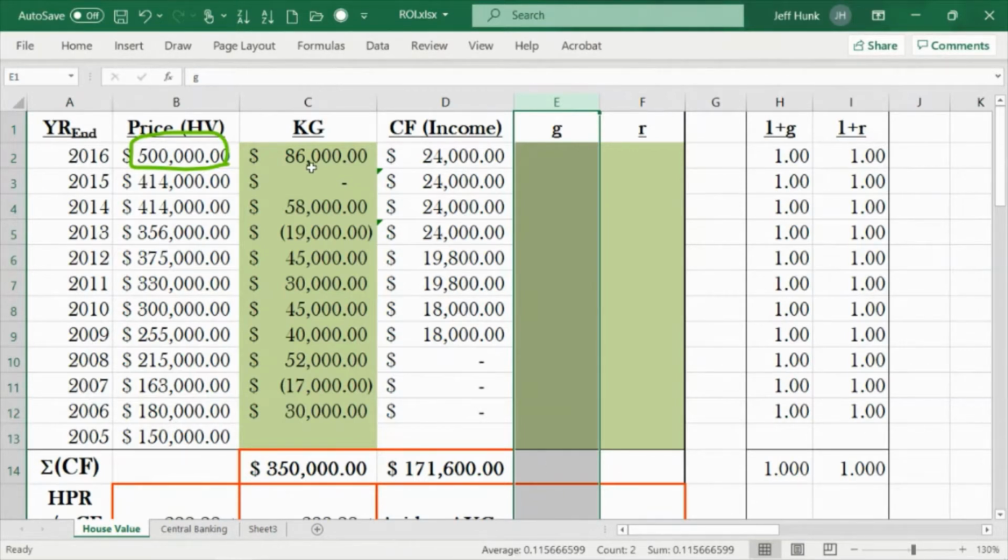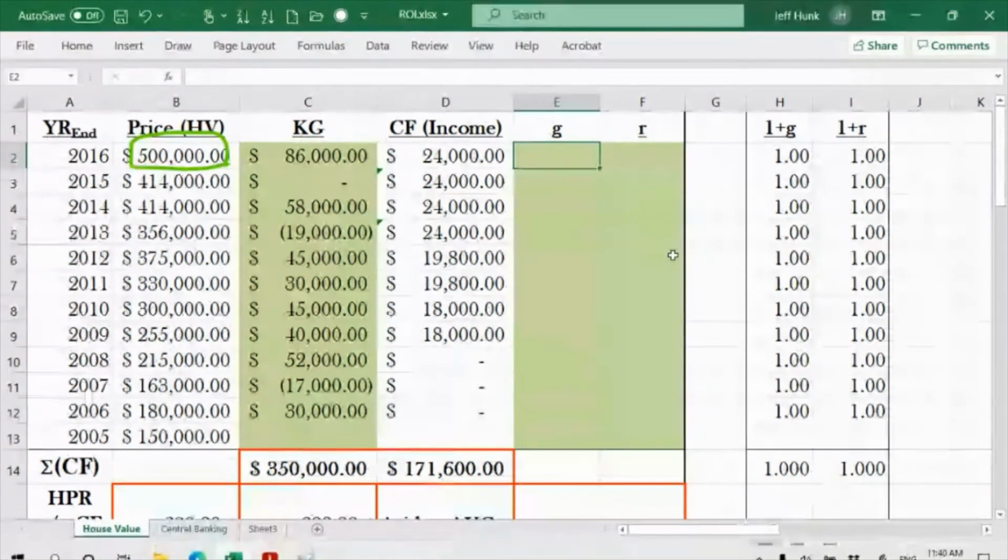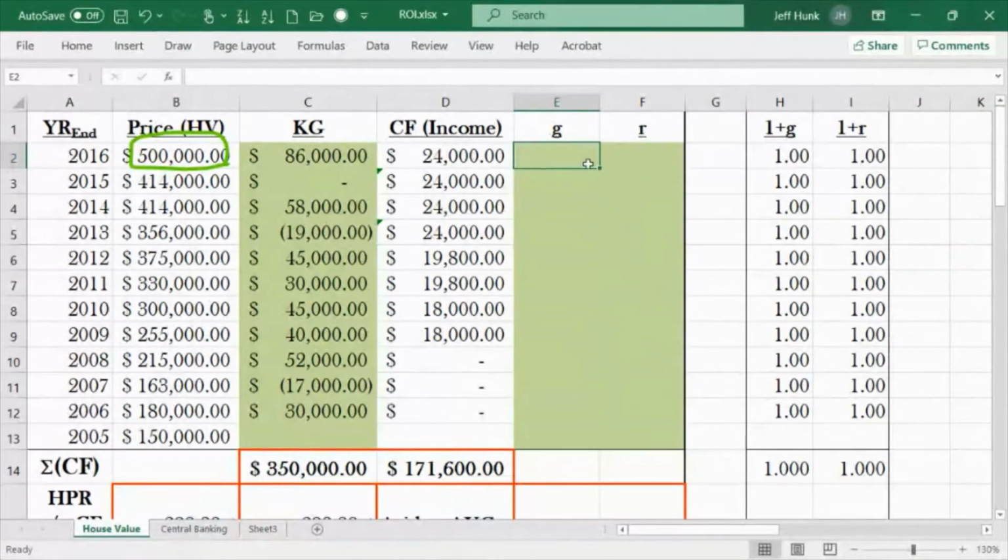G stands for growth rate. It's just like holding period return, but in this case the holding period is just 1 year, year by year.